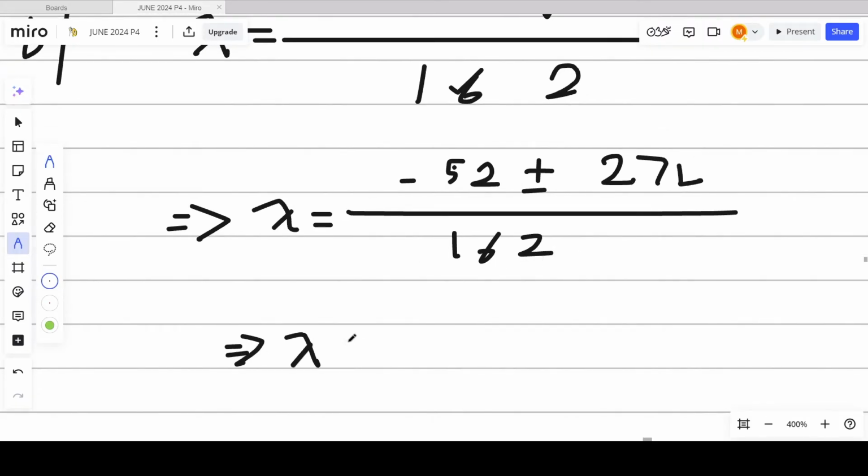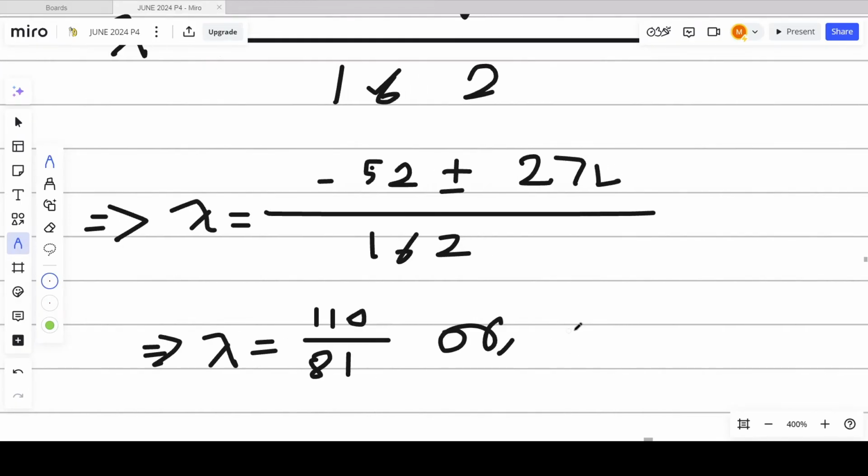Lambda equals 272 minus 52, which is 220, over 162. So lambda equals 110 over 81, or the other one is lambda equals negative 52 minus 272, which is negative 272 over 162. This is negative 2.